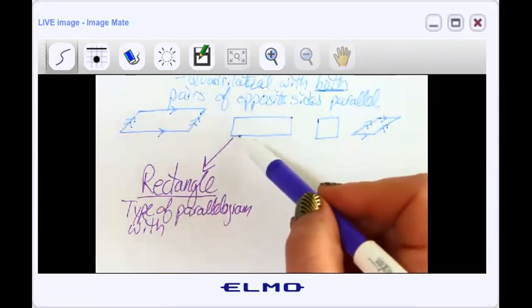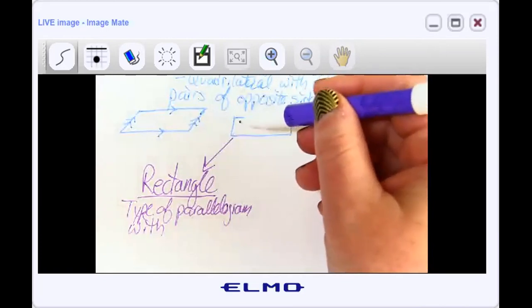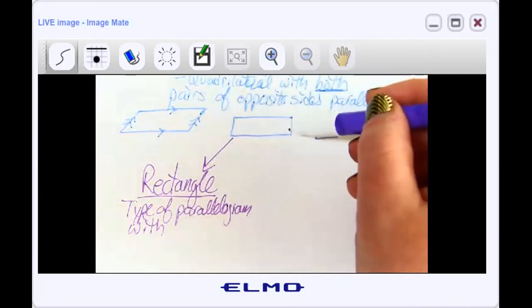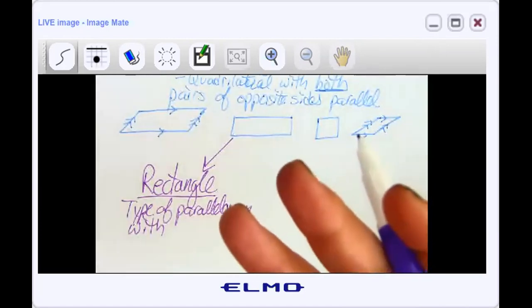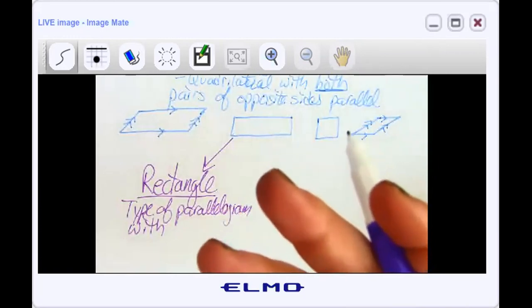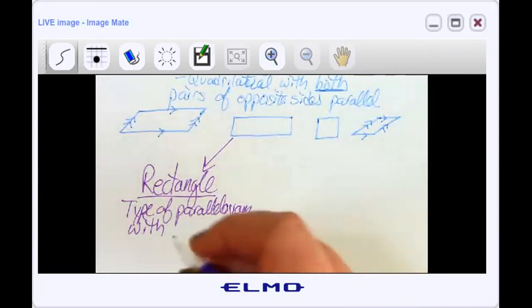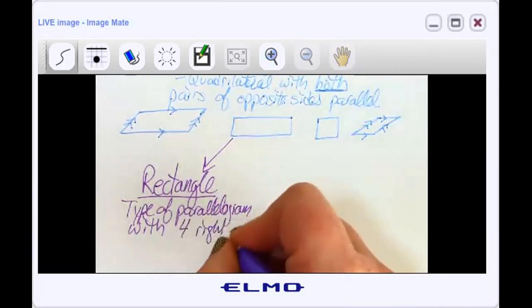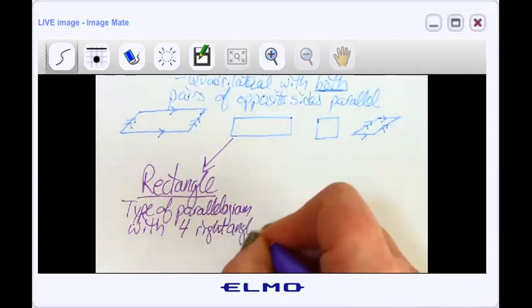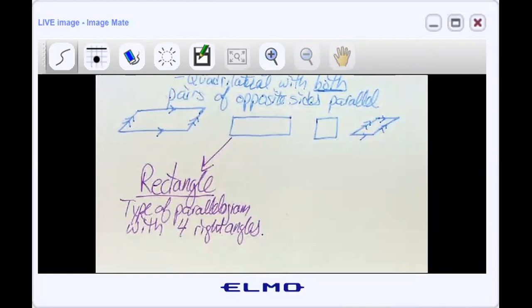But these are perfectly straight, like you say, because the angles in the corner here are all 90. That's what makes a rectangle. Okay, so it's a parallelogram to start off with, but then it also has 4 right angles. That's what's so special about it. So it's a type of parallelogram with 4 right angles. That's the big deal about a rectangle.